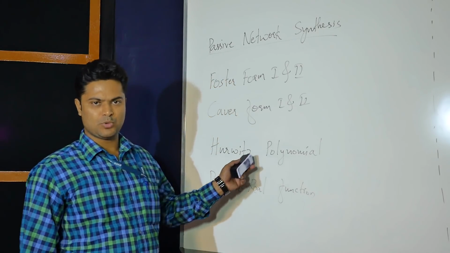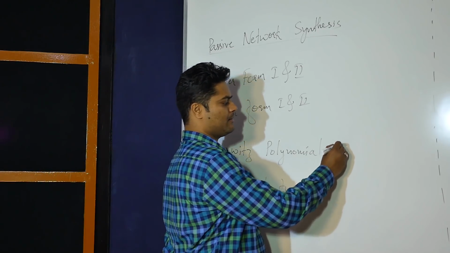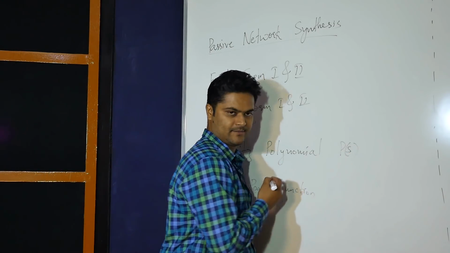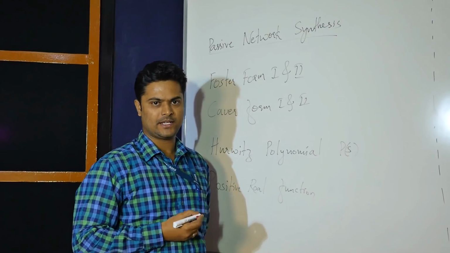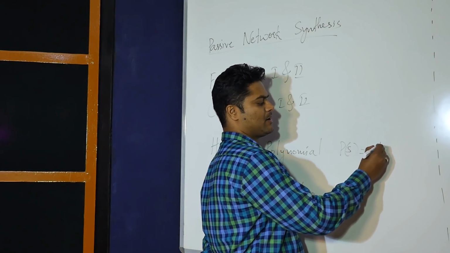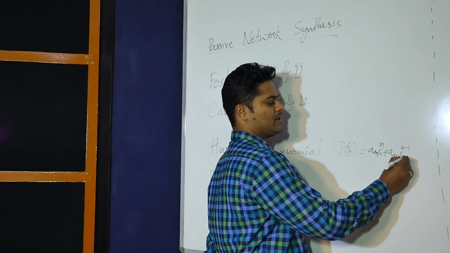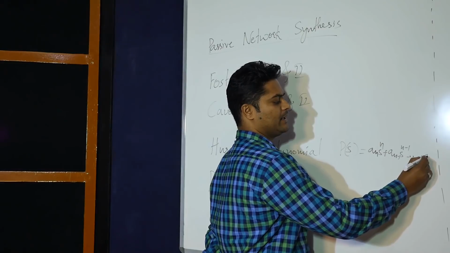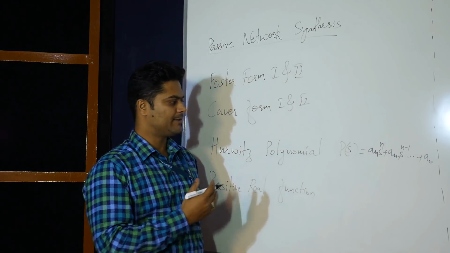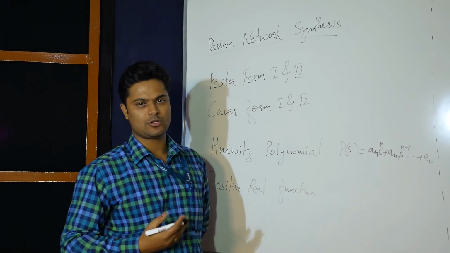Coming to the Hurwitz polynomial, we can say a polynomial P(s), that is in the s domain, is written in the form something like a_n s to the power n plus a_(n-1) s to the power n-1, and so on till a_0. For a given polynomial, we would like to know whether it is a Hurwitz polynomial or not.